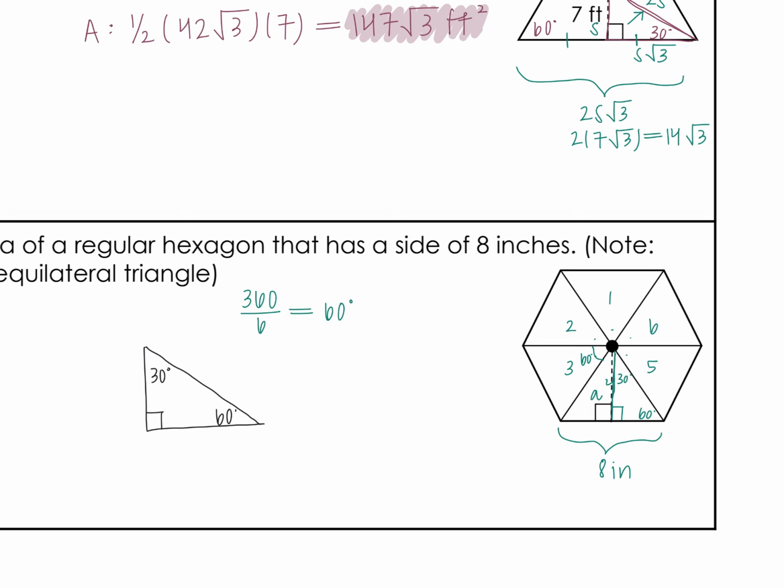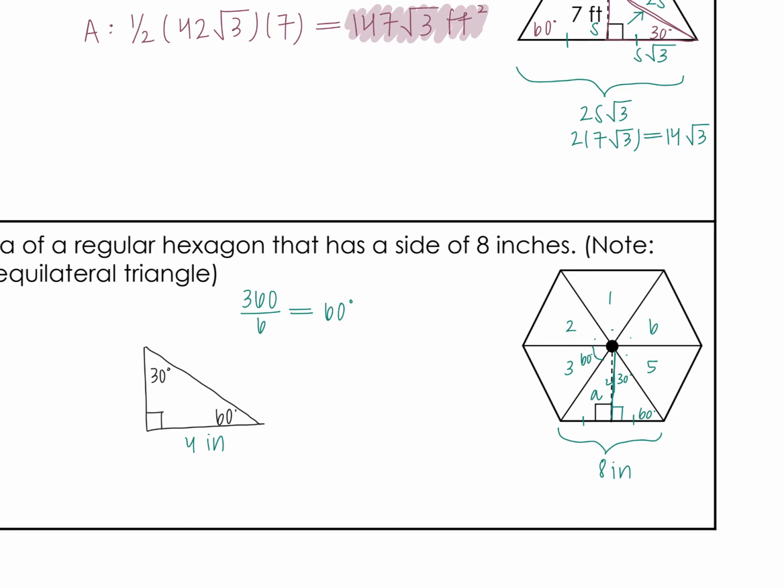Okay, so that 8 inches that was given, that is going to be the full side length, which keep in mind, once again, when I drew that altitude, that apothem, I am going to bisect it, okay? And so I actually have here 4 inches for this length.